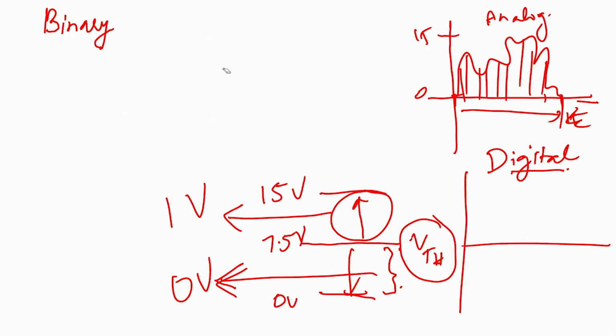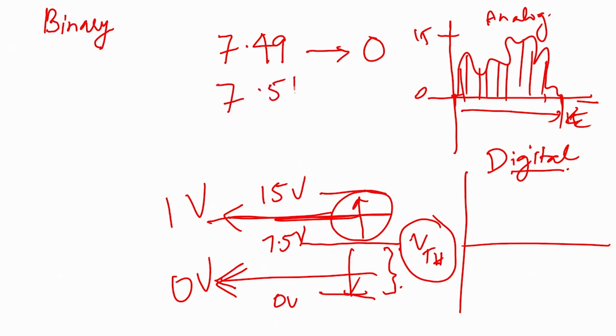What are the limitations? The limitation is that we are setting a very fine threshold here, and let us say your input voltage is 7.49. Then as per our logic we will translate it to 0, right, but let us say your input voltage is 7.51, we will translate it to 1.